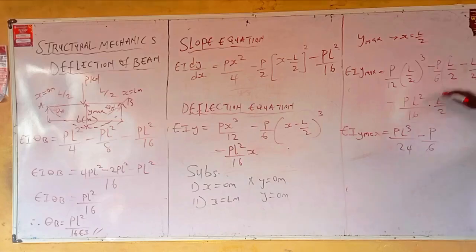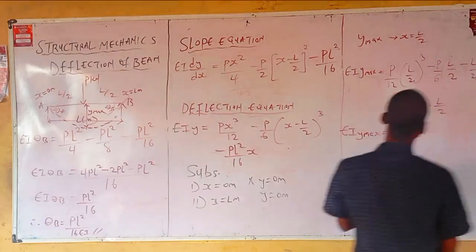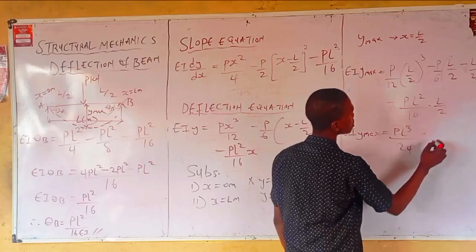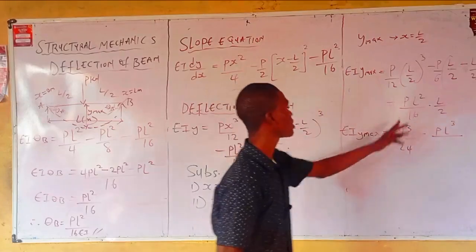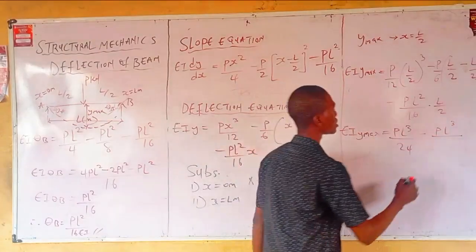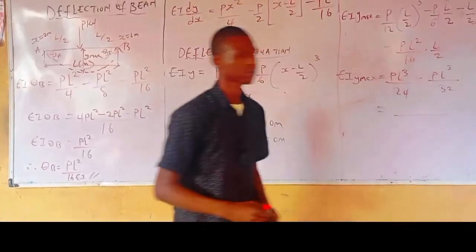Looking at this, this will cancel out because this is 0. So let's say this has been cancelled out. Then you have negative, this time this is what? PL cube over, this time this is what? That's 32. Right? Now let's take the LCM.